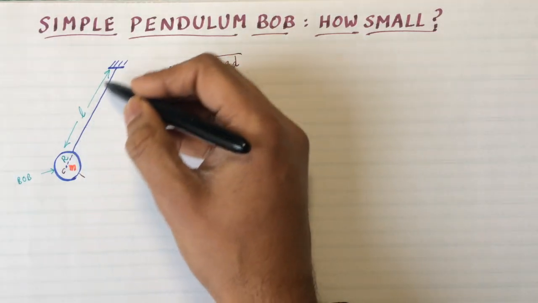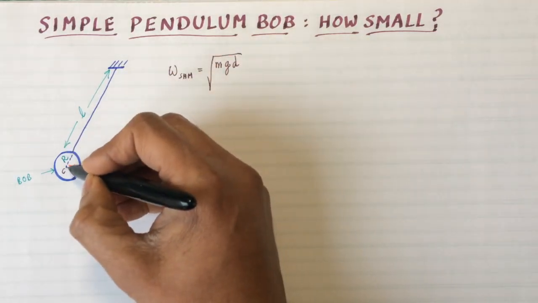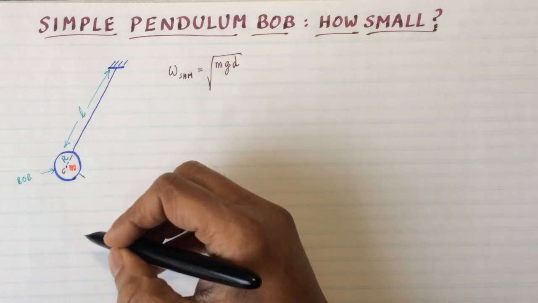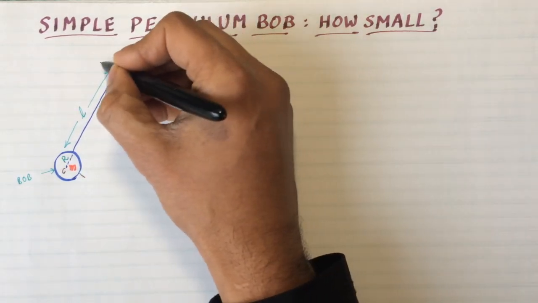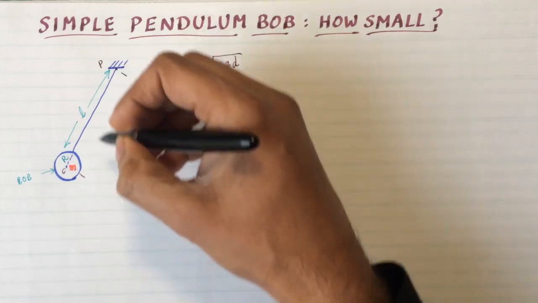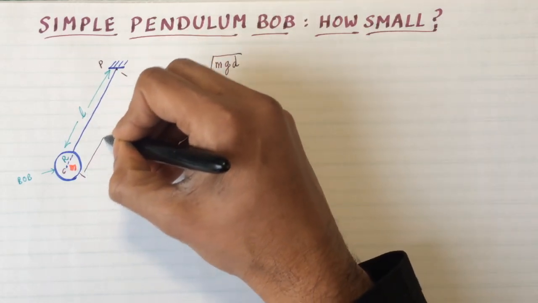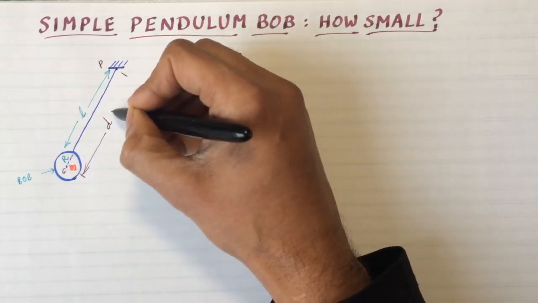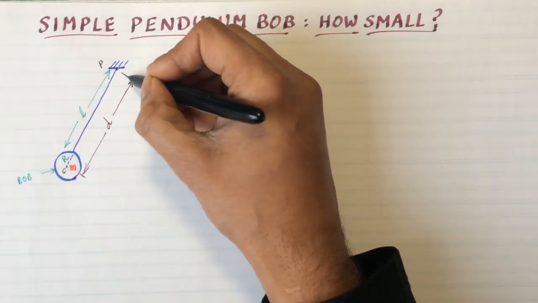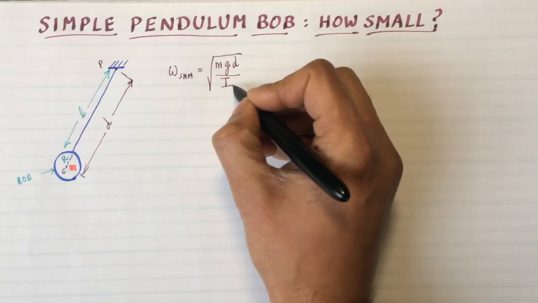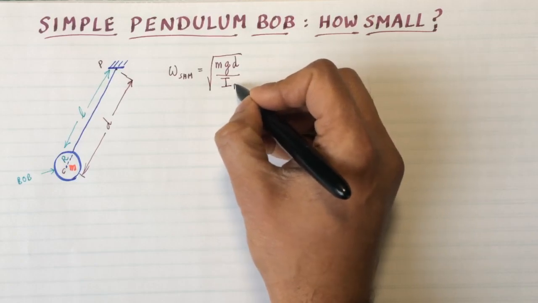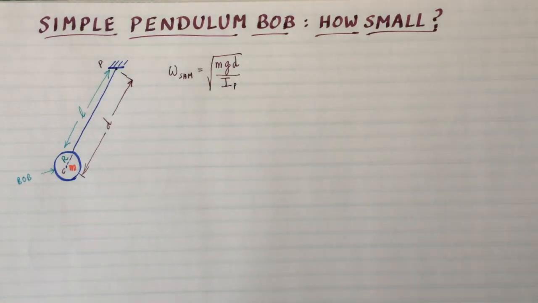We're going to assume the thread has got no mass, so the center of mass is located exactly in the middle of the bob, to the point of pivoting. The pivot point is where it's attached, P. So that distance is called D. So it's mgd divided by the moment of inertia of the physical pendulum about the pivot point P.